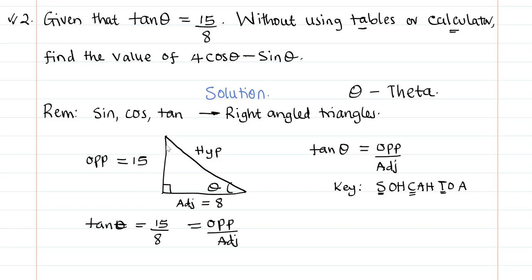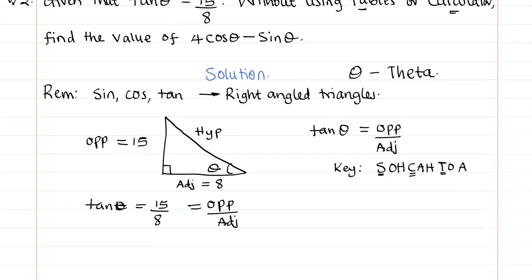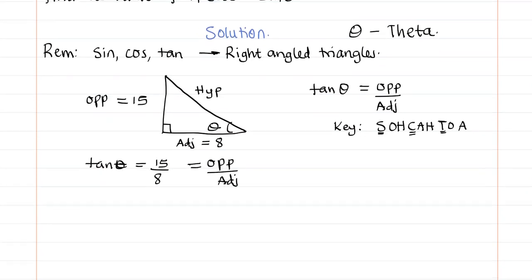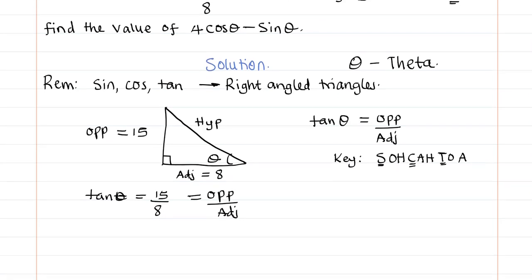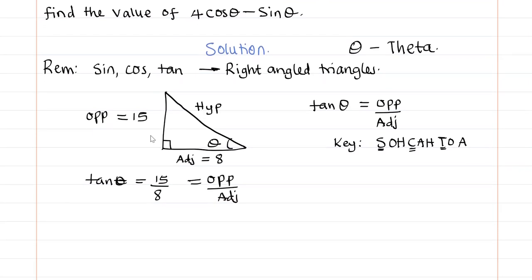So 15 is the opposite, adjacent is 8. So we have interpreted the tan theta that we were given. In our right angle triangle now, we have identified the opposite as 15 and adjacent as 8.